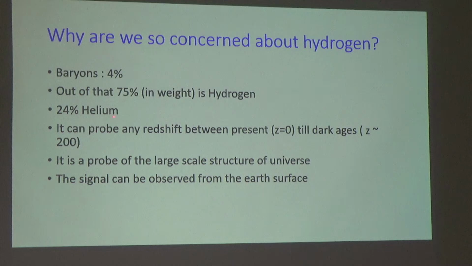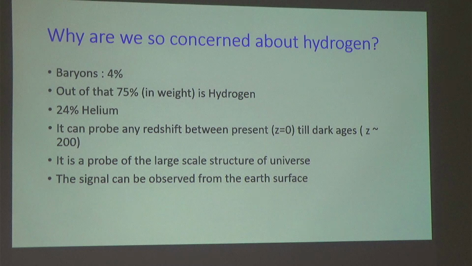Now, this 21 centimeter is a line emission. So if we can observe this 21 centimeter line, and if it is coming from, let's say, redshift Z, it will be redshifted. The frequency will be redshifted to 1420 by 1 plus Z, right?